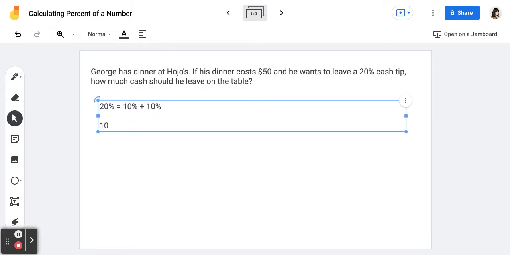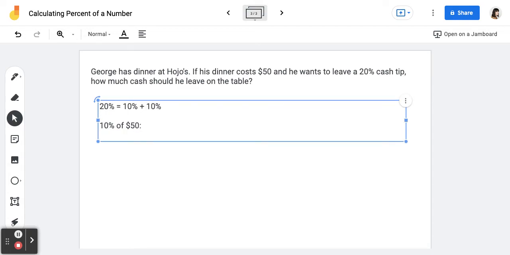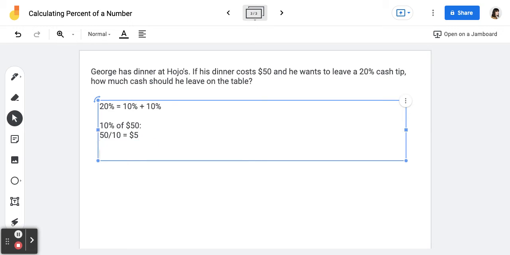So let's find 10% of $50 first. We simply take 50, divide by 10, and that gives us $5. Now, to get 20%, we just have to double that.